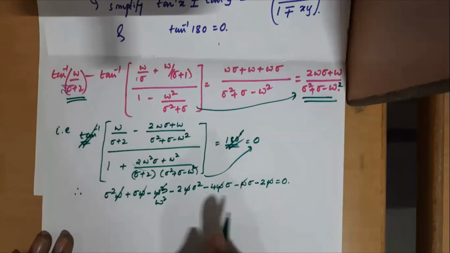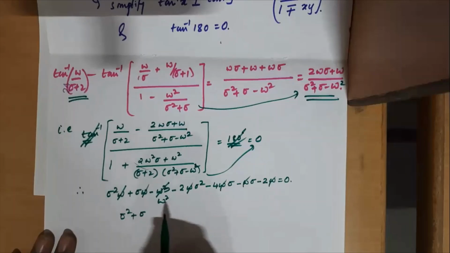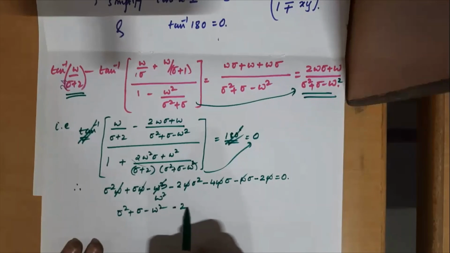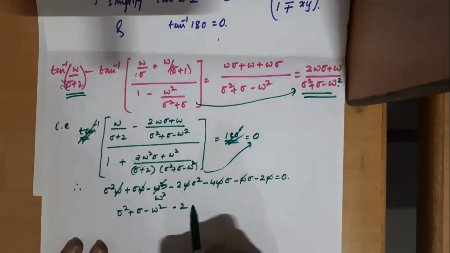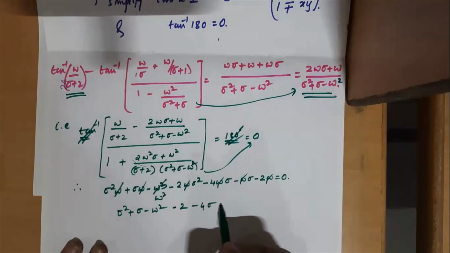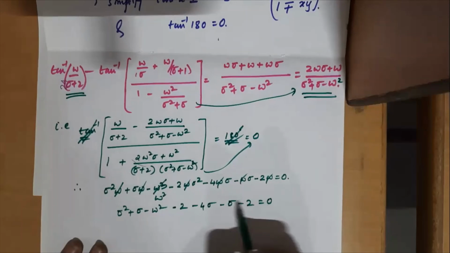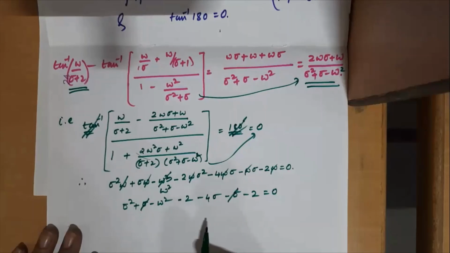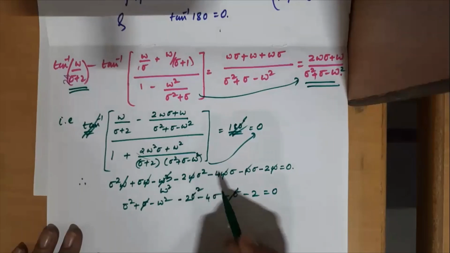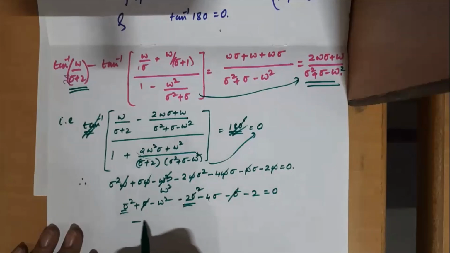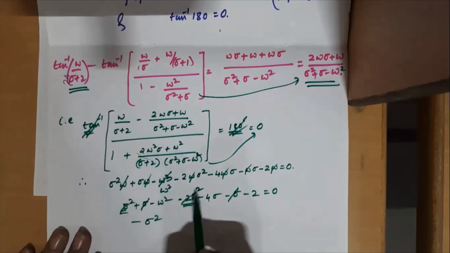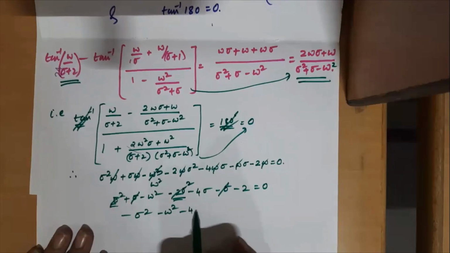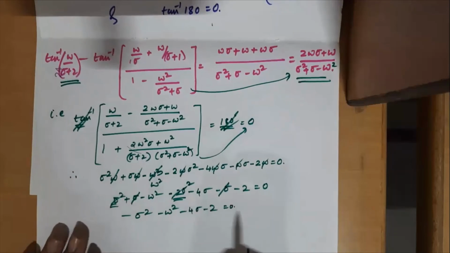Common element. So what we have finally is sigma square plus sigma minus omega square minus 2 minus 4 sigma minus 2 or minus sigma minus 2 equal to 0. So plus sigma minus sigma will cancel. So minus 2 sigma square plus sigma square is minus sigma square minus omega square minus 4 sigma minus 2 equal to 0.